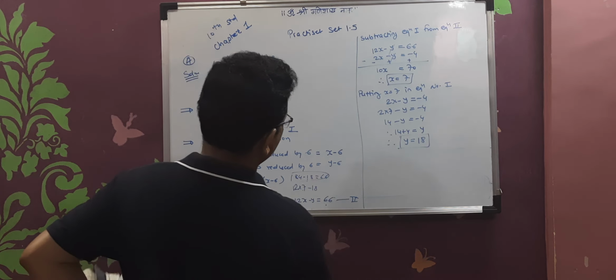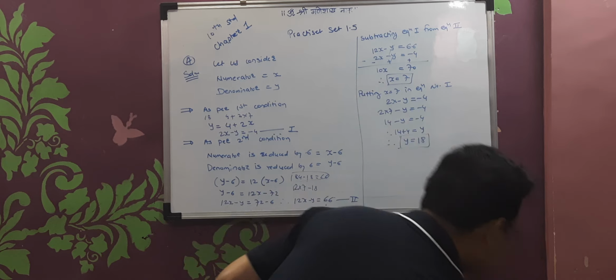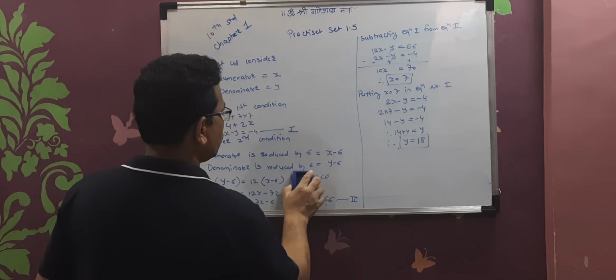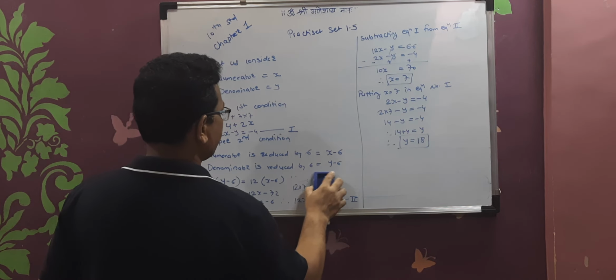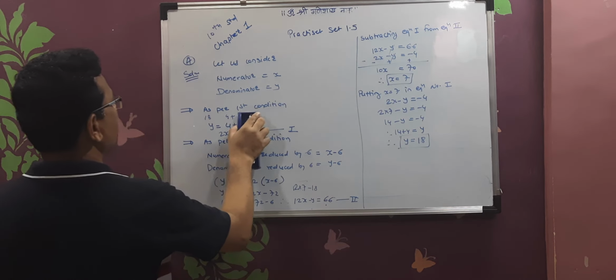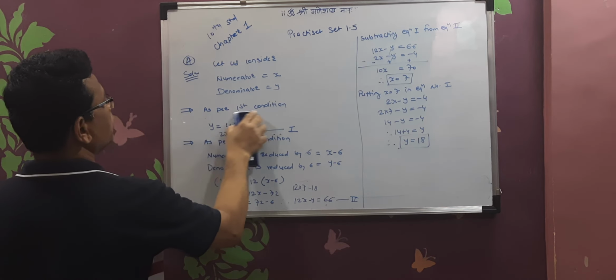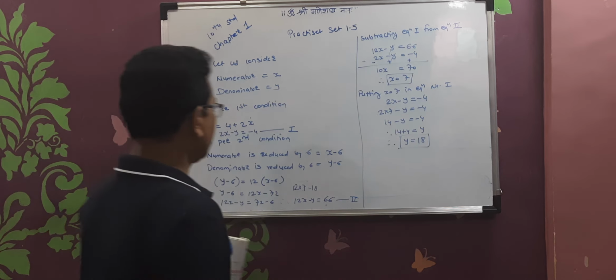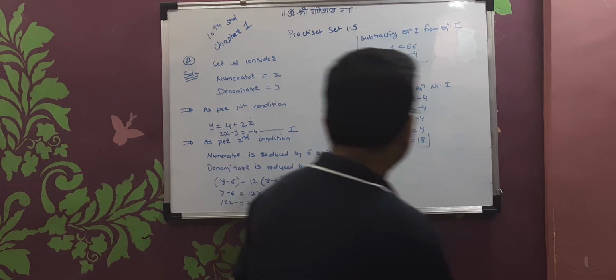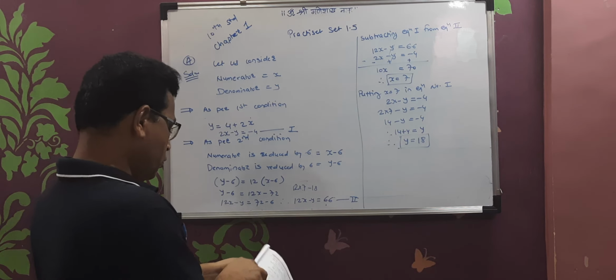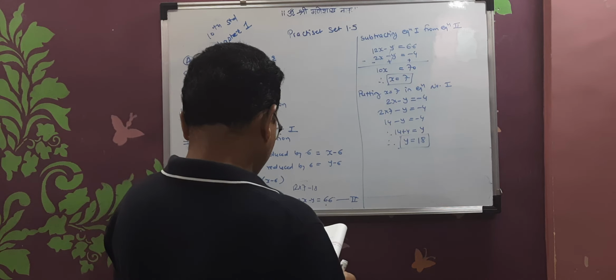So it is satisfying this equation. So whatever answer you got is the right answer. From this also you can check whether the answer which you have found out is correct or not.